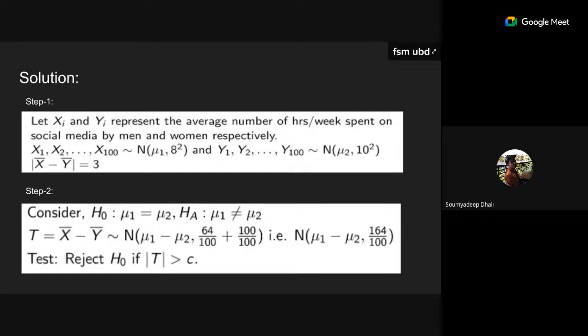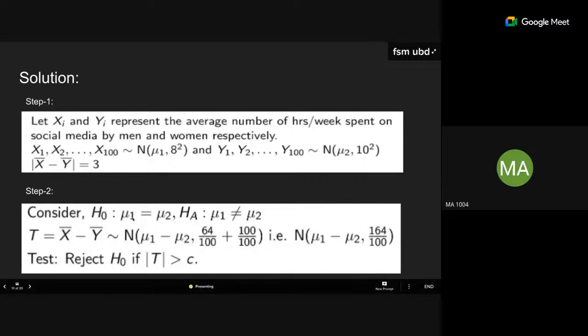See, here we are including mod because we don't want y bar minus x bar or x bar minus y bar. So the difference itself, if it is greater than some c, then I can conclude that the sample means are not equal. It is very likely to understand, right?